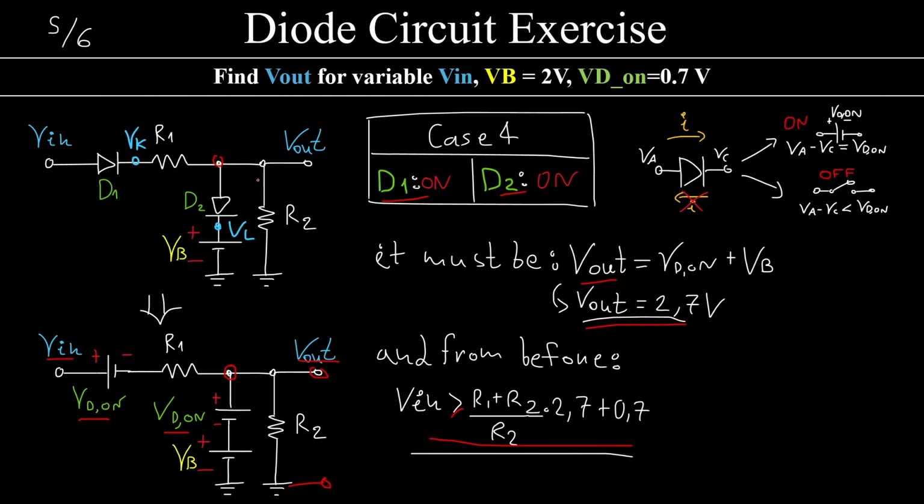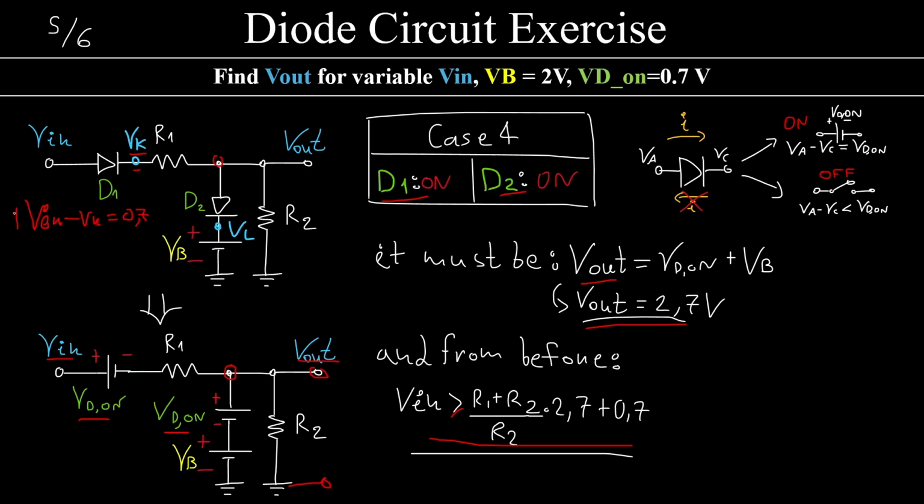How is this possible? Well, this is possible because the voltage here at the point K is going to change its value in order to uphold true this thing: Vin minus Vk is equal to 0.7. This must also always be true.